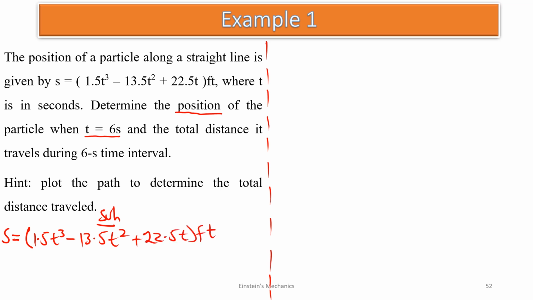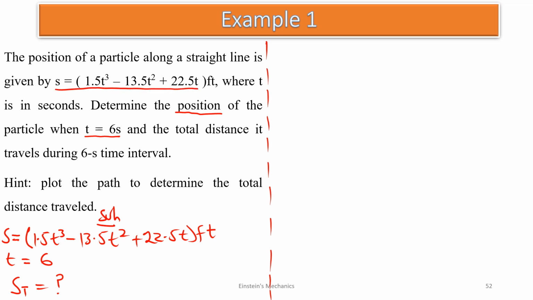We are evaluating this at time 6, and we are looking at finding the position of the particle at time 6, and also the total distance. The x is just the distance or the position given, and we are looking for the total in the 6 seconds.